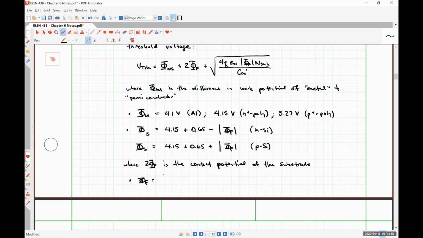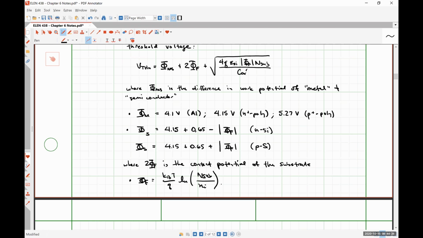So phi_f is k_BT over q, approximately 26 millivolts, times the natural log of the substrate doping concentration divided by the intrinsic concentration of the semiconductor. So this looks very similar to the built-in voltage of a PN junction, except that instead of having N_A N_D over n_i squared as the argument of our logarithmic function, we have N_sub over n_i.